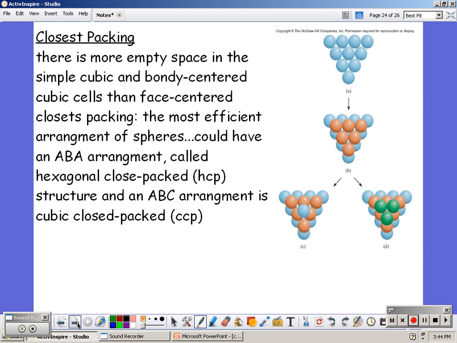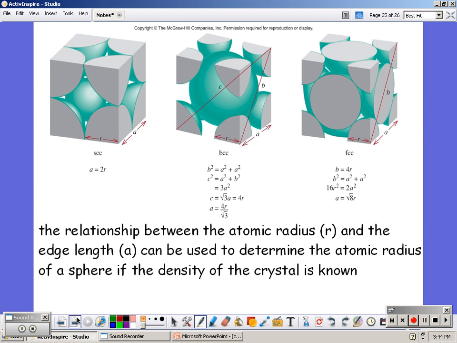ABA would mean every other layer is identical on top of each other, whereas ABC would mean every fourth layer would be repeated. There's a relationship between the atomic radius and the edge that can be used to determine the atomic radius of a sphere if the density of the crystal is known. If we know the radius or the edge, then we could figure out the density of the crystal. So knowing how our atoms are arranged could help us determine what type of element makes up that arrangement.